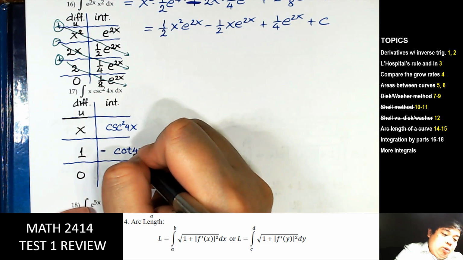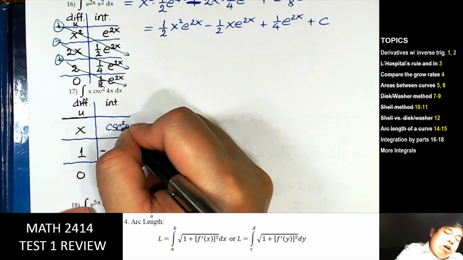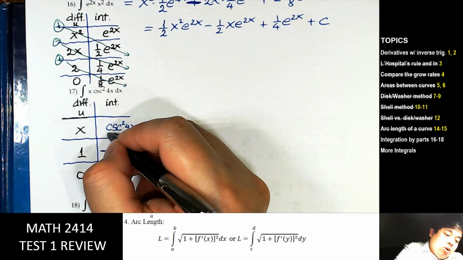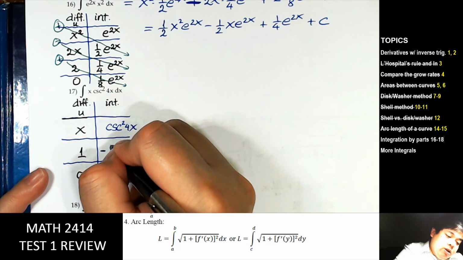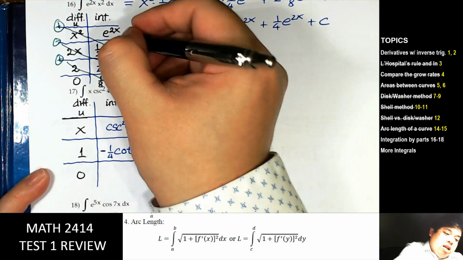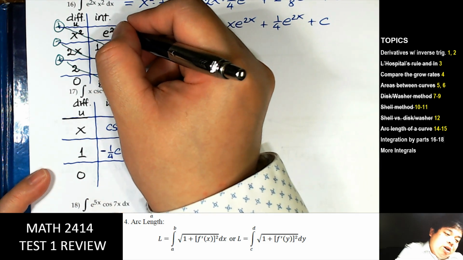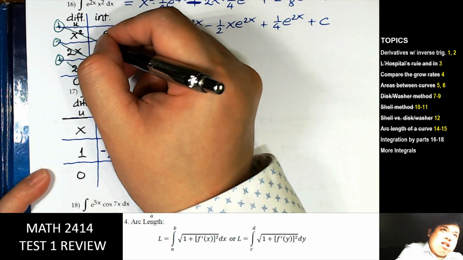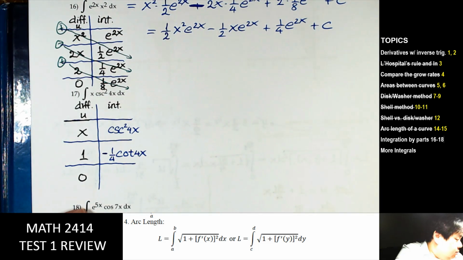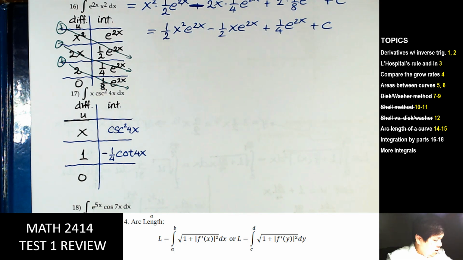We have the 4 here, so when we take the integral, we have to divide by 4, so make it 1/4. Same reason here, when we integrate, we have to divide by that constant. Right. What is the integral of cotangent of 4x?